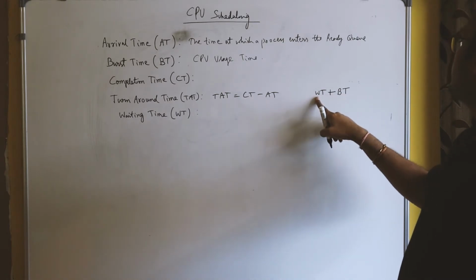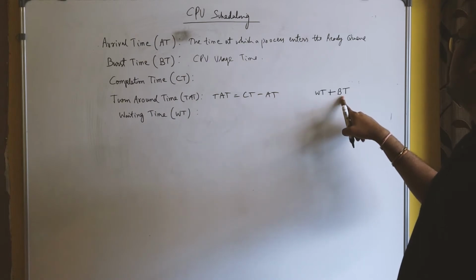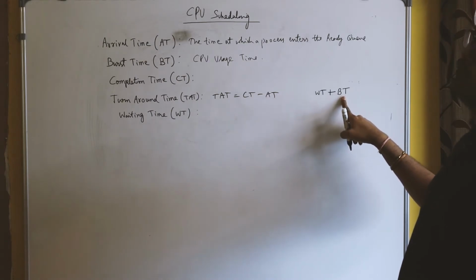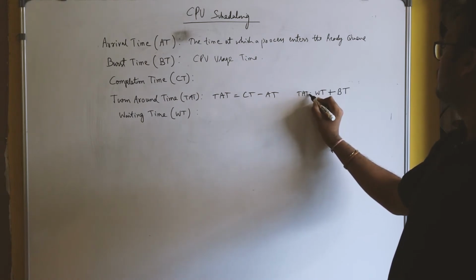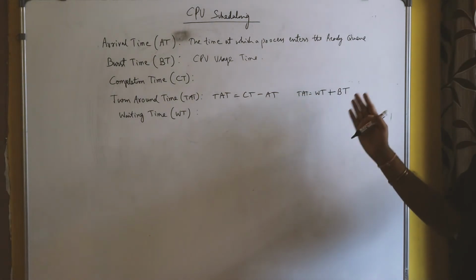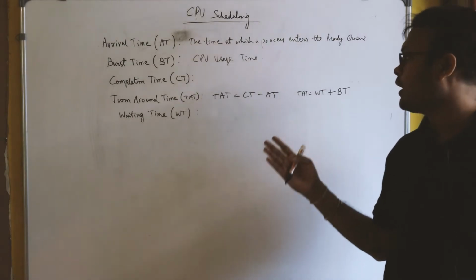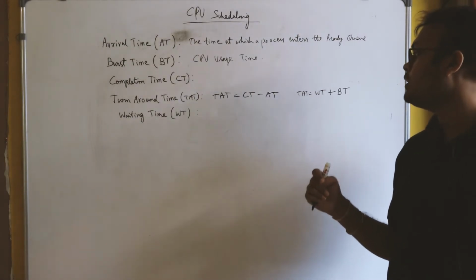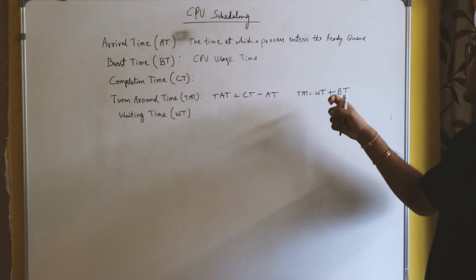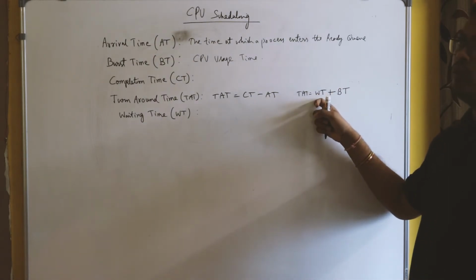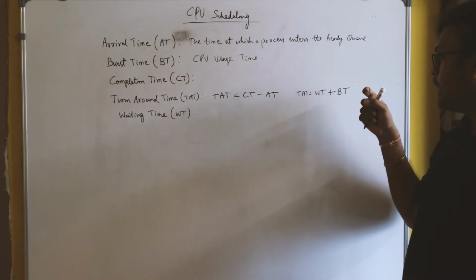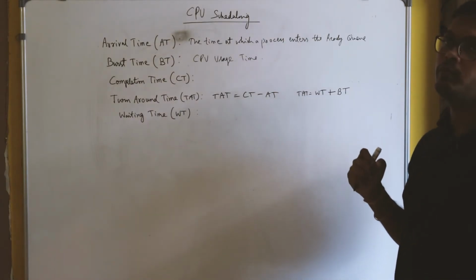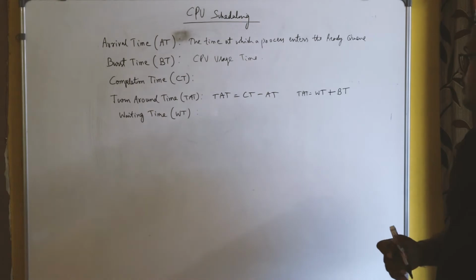Either it was waiting for its turn, or it was running. Okay, so this is also turnaround time. After entering into the ready state, what will a process do? It will either wait for its turn to get scheduled, or after getting the CPU, it will perform the burst time. Okay.